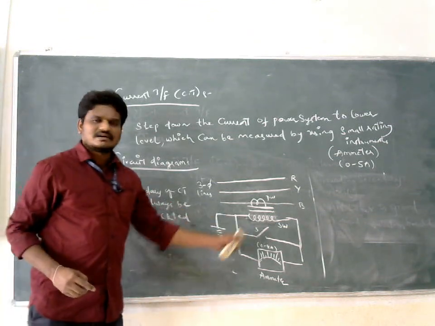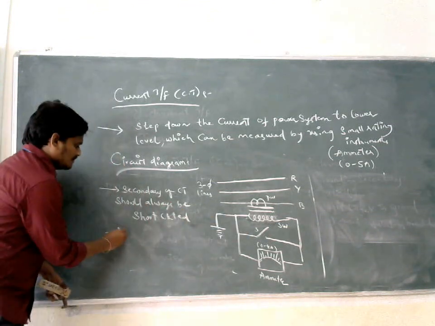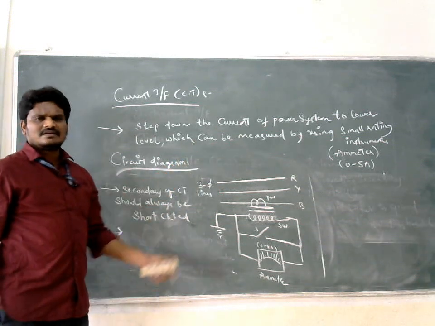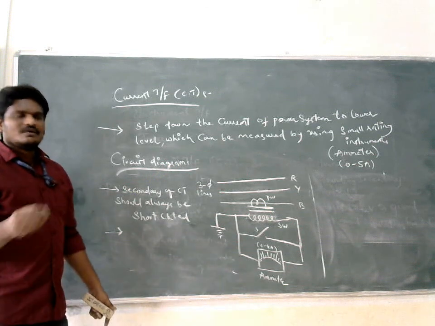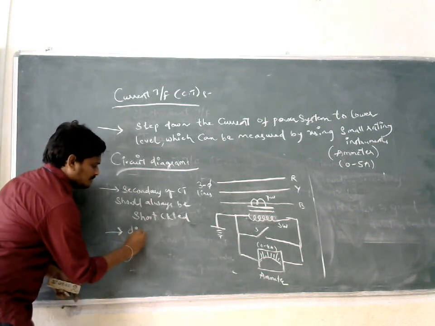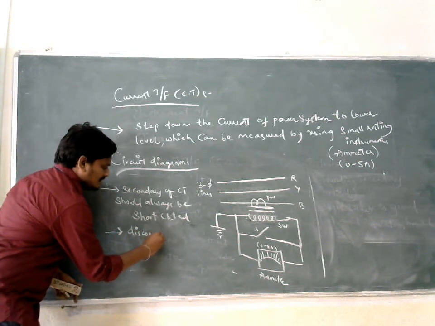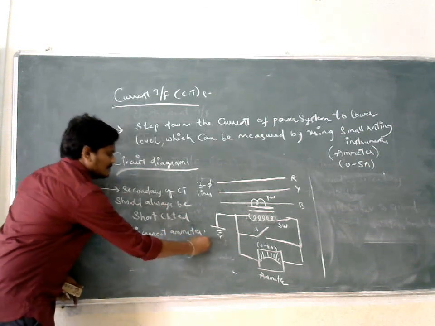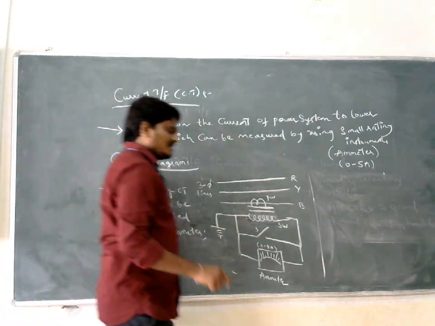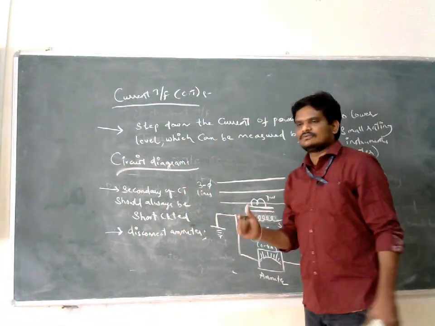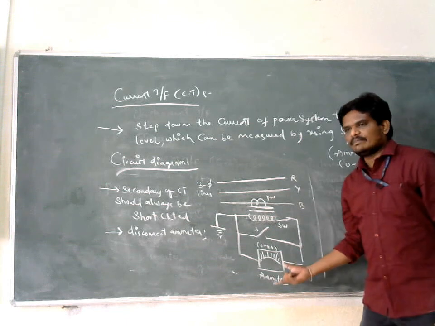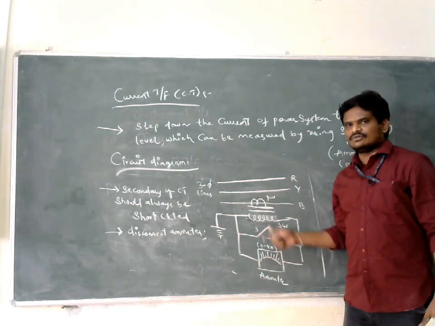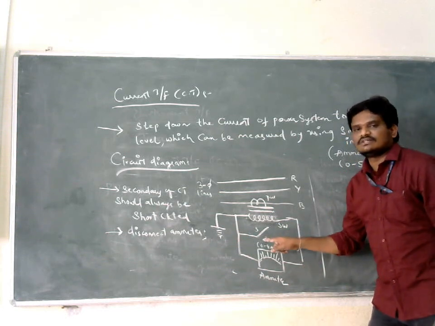After using the current transformer for measuring some values of current, if you want to disconnect the ammeter from the circuit after the use of it, you need to close the switch S here.